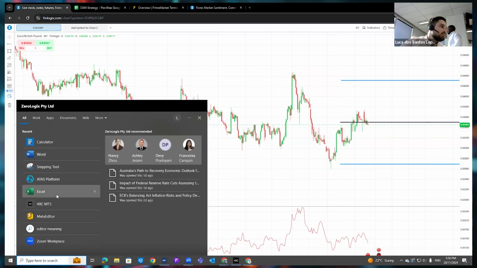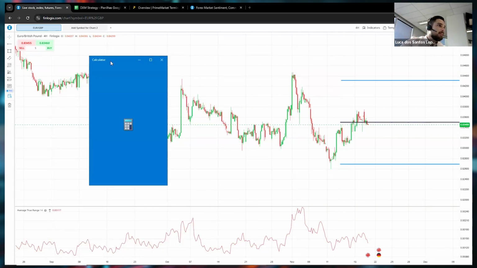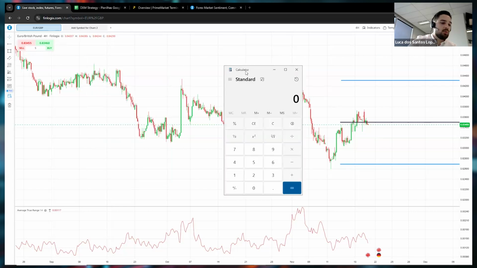So I took my calculator, and it was 144 times 6. Times 6 gives us 864 points of stop loss. So that's where our stop loss should be. So let's call it 900 points, so 90 pips from our entry point.